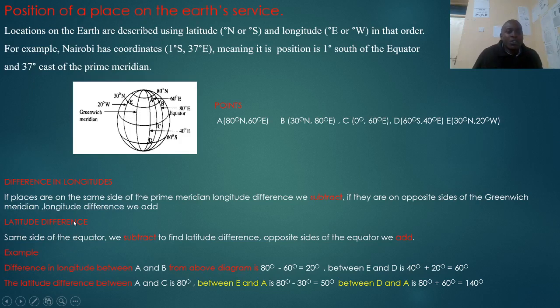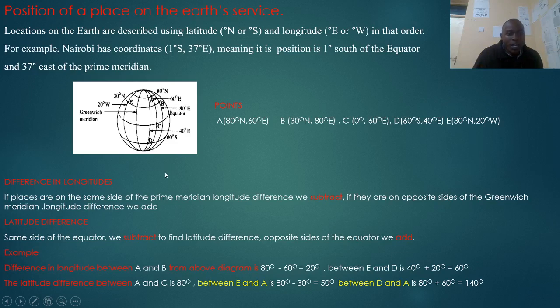And for latitude difference, you do it the same way. If they are on the same side of the equator, all below the equator or all above the equator, we subtract. But if they are on different sides, like one is in the south and another one is in the north, we add.